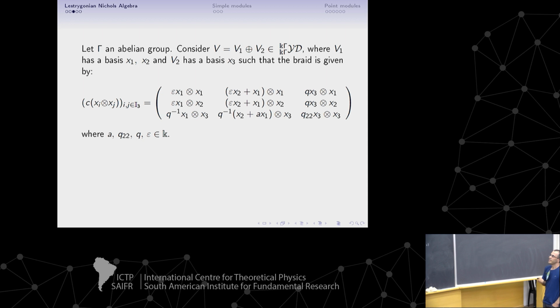This is the matrix of the braiding of V. But we consider a particular case. Here I put q, and here I put q^{-1}. This means that the interaction between V1 and V2 is weak. It is a specific case of the general case.